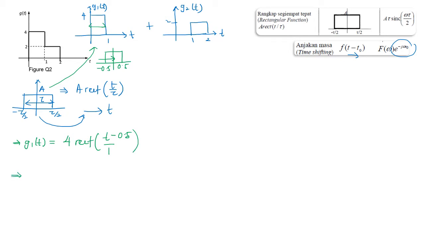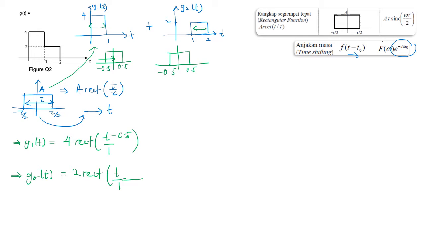And g2(t) equals, the magnitude is 2, rect(t over 1), the width is still 1, but the signal again has been shifted. The width is 1, so originally it is 0.5 and negative 0.5.